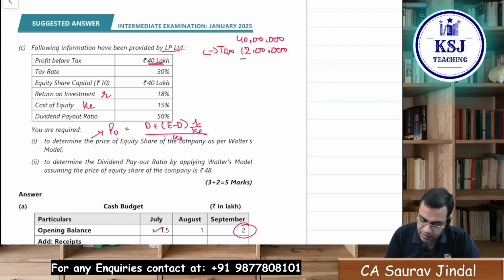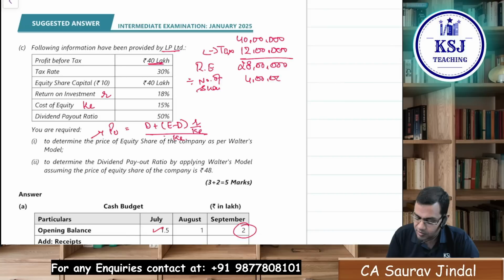So you will get earnings after taxes, or residual earnings, right, of 28 lakhs divided by number of shares. Number of shares is 4 lakh. Right, so 28 lakh divided by 4 lakh, that comes to EPS of 7.